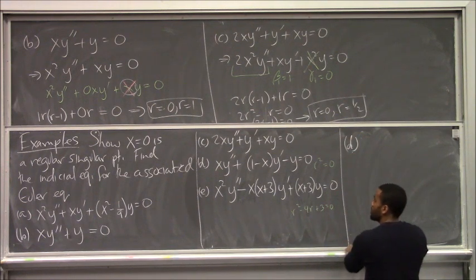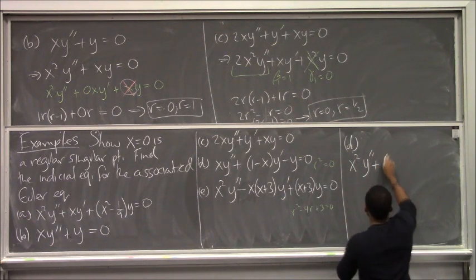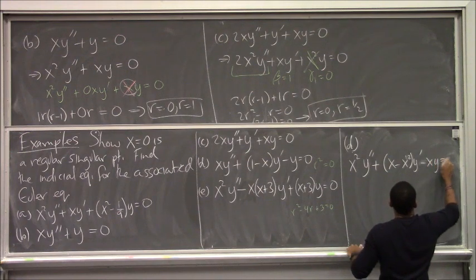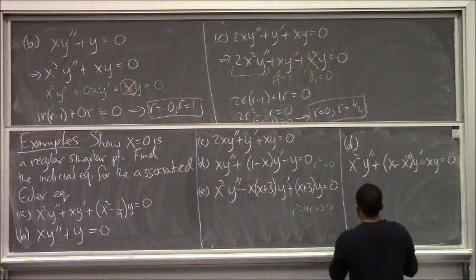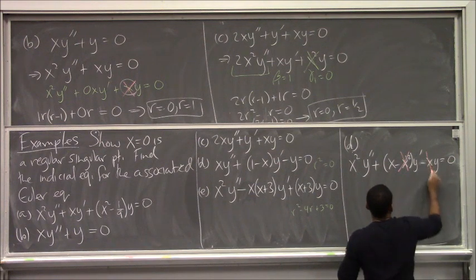Let's see for D. Multiply by x squared, or by x, it will give you x squared here, this will give you x minus x squared, y prime, and this will give you minus xy equals 0. So, that's an x squared. Who messes up here? That guy, x squared messes up. And who else messes up? Minus x, that whole thing.